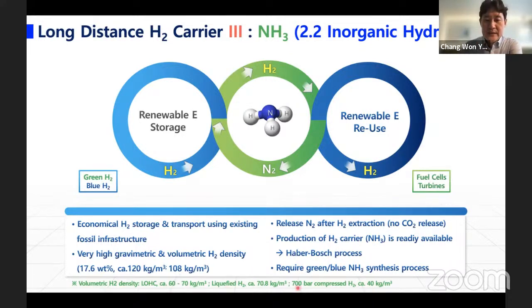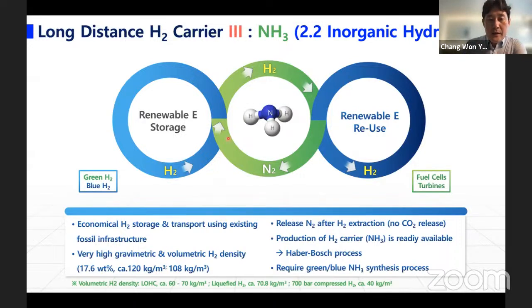So compare these volumetric hydrogen densities. Ammonia provides much higher. Even compared with the liquefaction technology, 1.7 times more hydrogen can be stored in the form of ammonia.